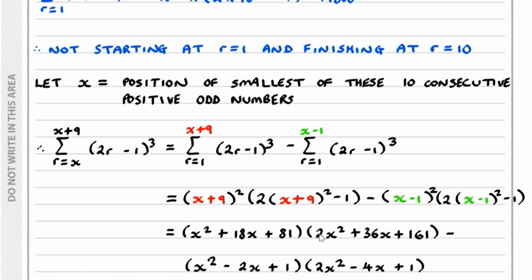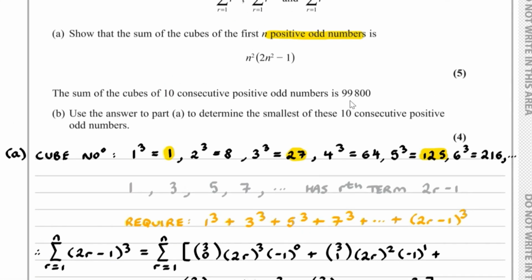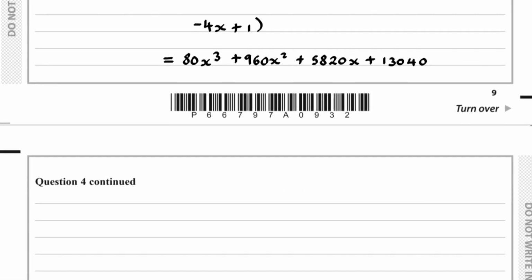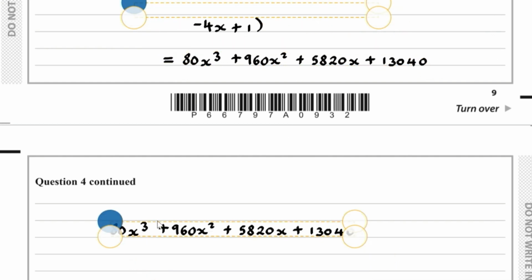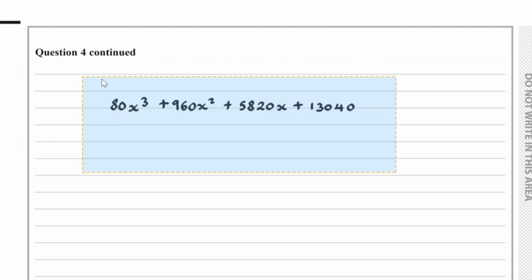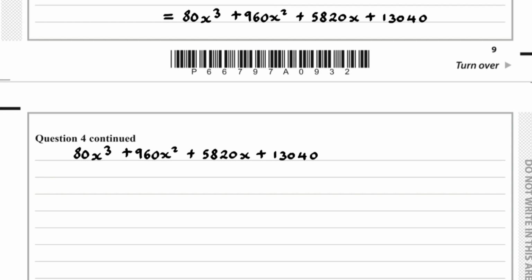So, what do we know already? Well, we know as well that if we add all these together, we get 99,800. And so this result here, the result over here, is equal to 99,800.